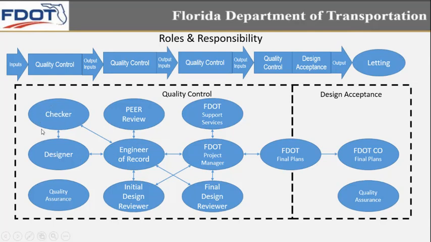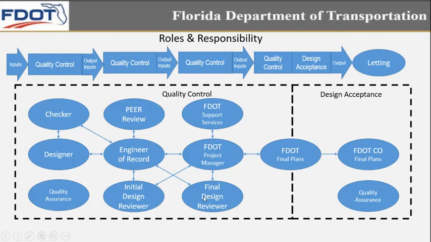But there's typically a level of interaction between these three personnel before it then gets passed on to the FDOT project manager. The FDOT project manager typically has two reviewer resources that a project has to go through. There's final design review, which is typically through our ERC, which we'll talk about later, and initial design review, which is some of the more technical review that it goes through.